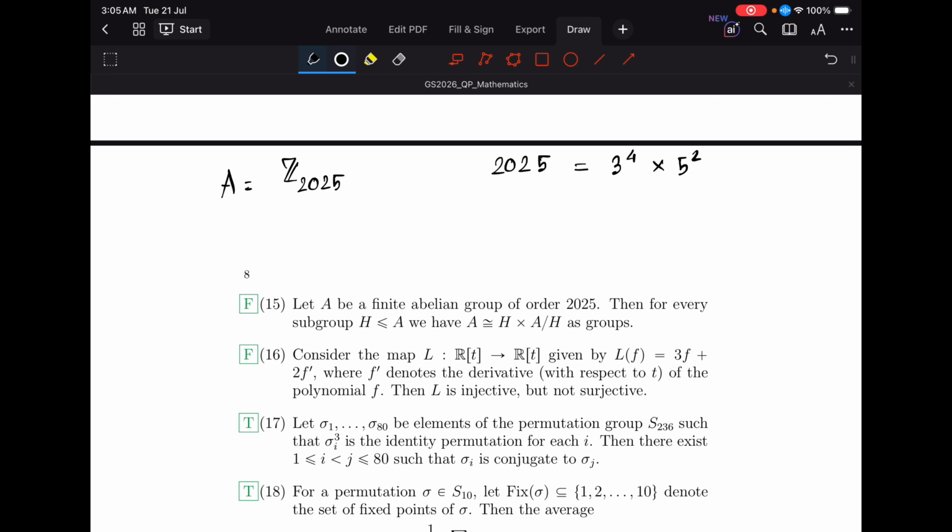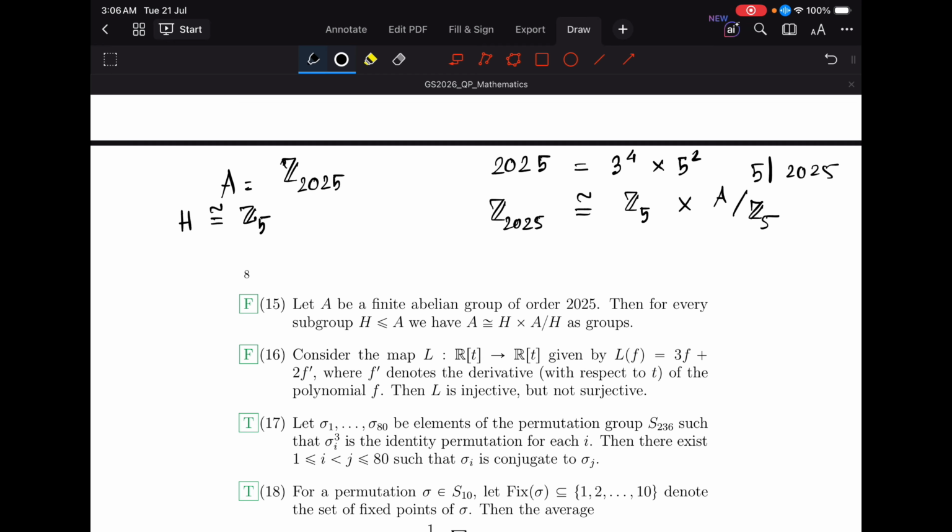So now we have what? We have a subgroup H which is isomorphic to Z5 because 5 divides 2025, so this has a subgroup of order 5, right? So this is a finite abelian group, yeah. So if Z2025 is isomorphic to, let's say, Z5 cross A mod Z5, right?